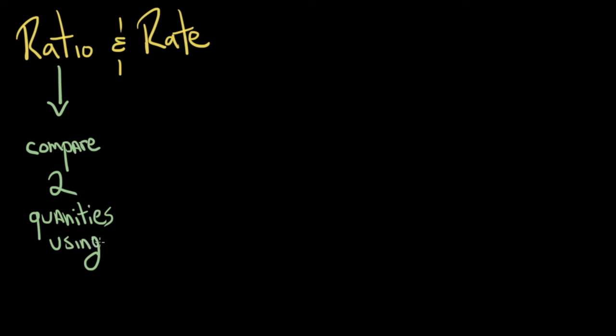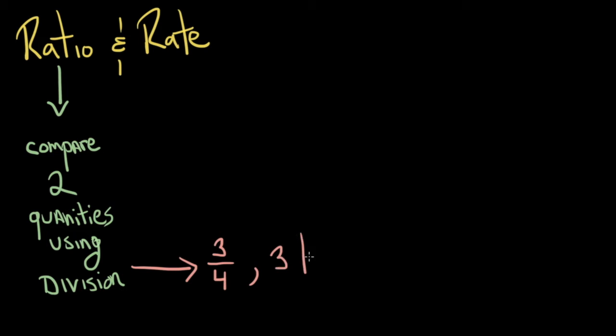So that's what a ratio is. And probably the key part here is we're using division. There are a couple of different ways that we can express this. There are three different ways. The first way is as a fraction. We can also do it using words.